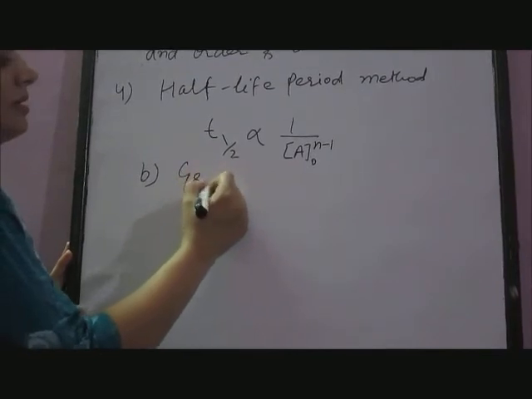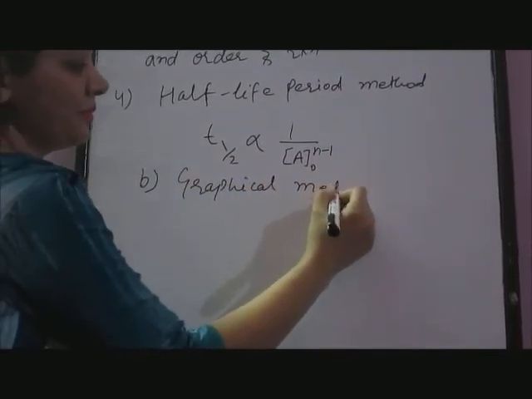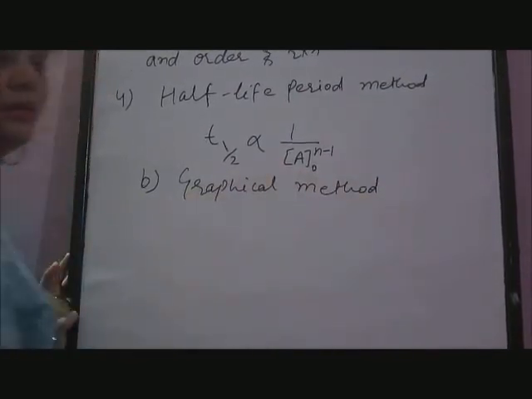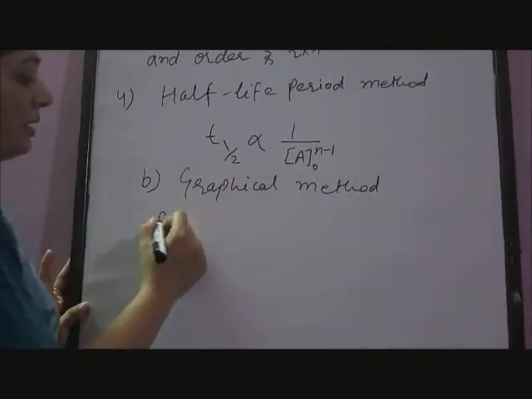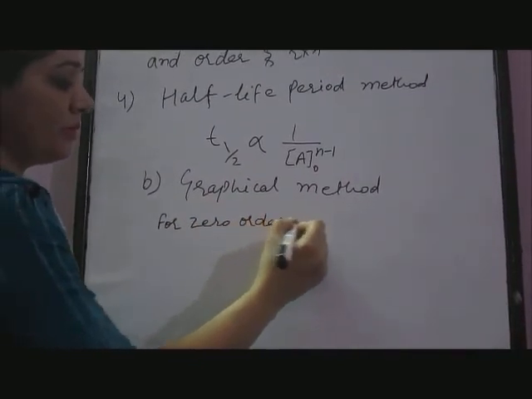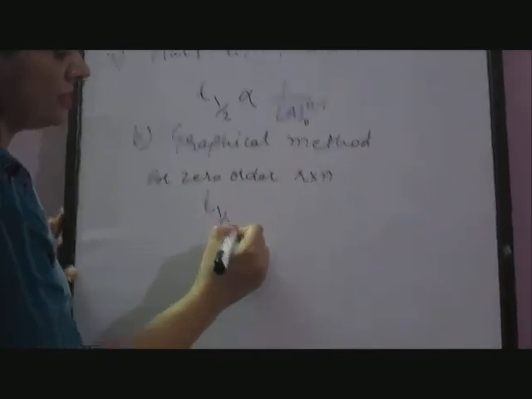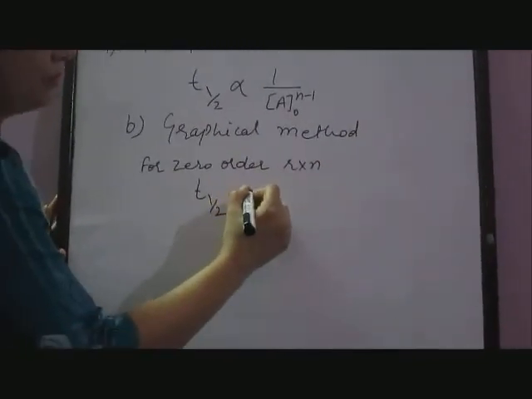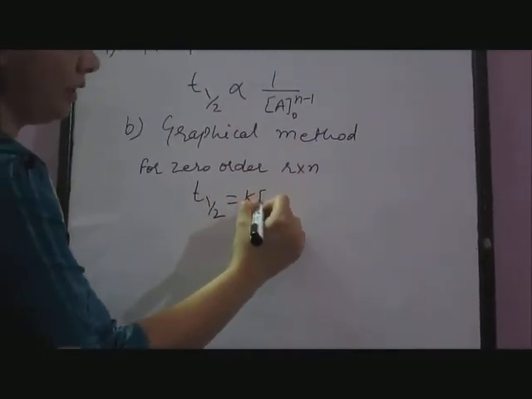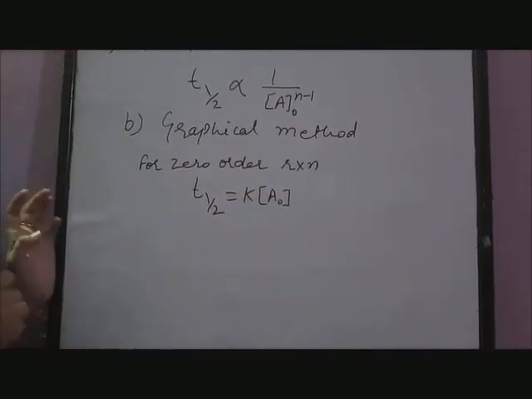Next method is the graphical method. For a zero order reaction, t half is equal to K into initial concentration.